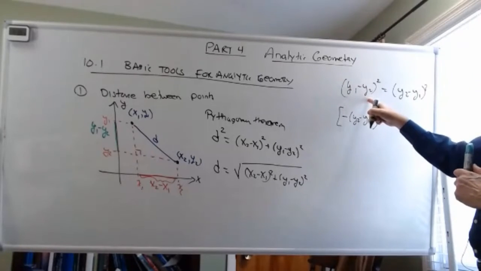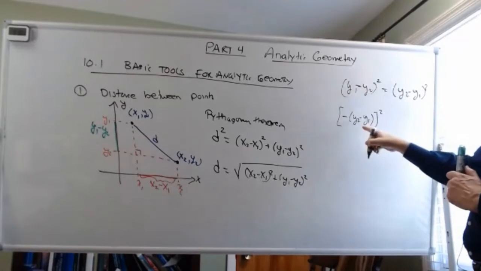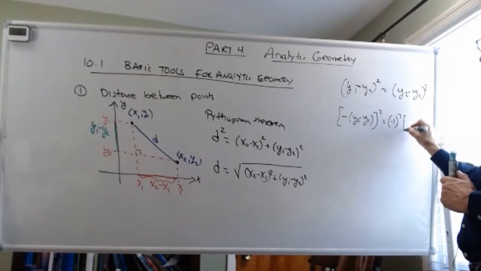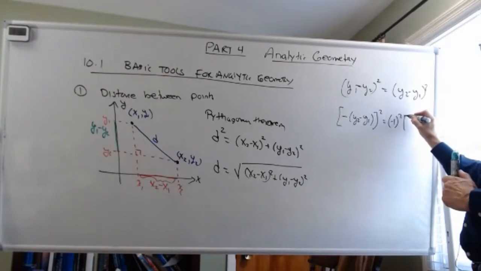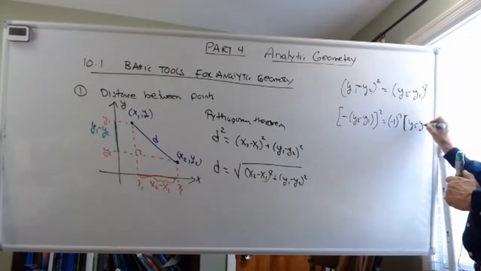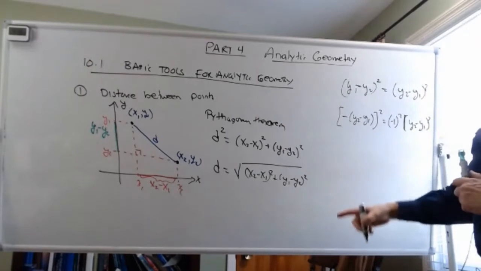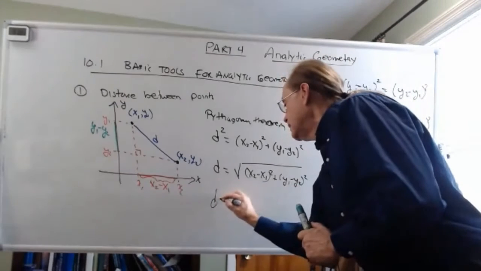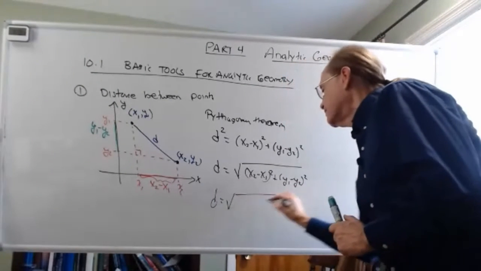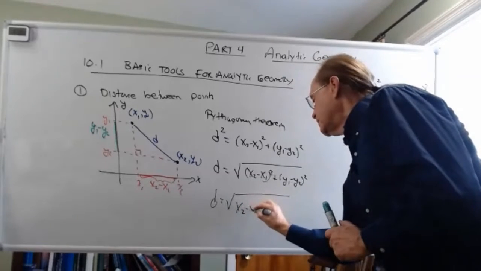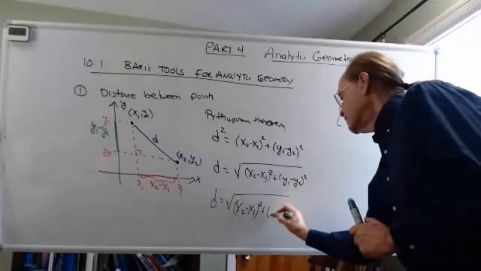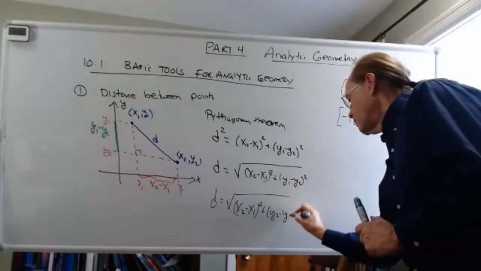And just factor a negative out of these two, that one minus that one. And then I can square that, so that's a negative 1 squared times y2 minus y1 squared. Why do I do that? Typically, we write a formula this way, just so it's a little more consistent. x2 minus x1 squared plus, and I flip them over here, y2 minus y1 squared.